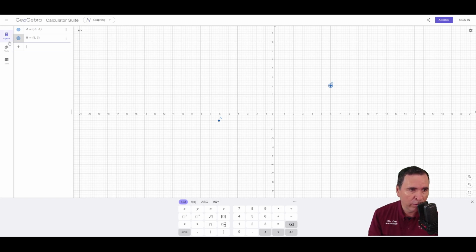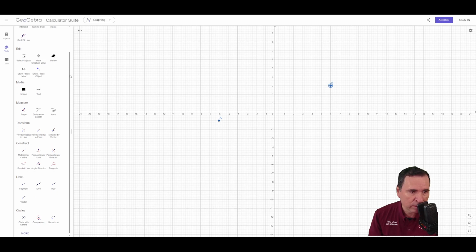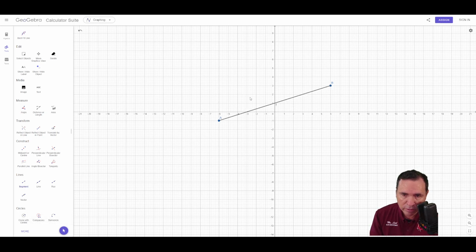All right, now what we can do is we can go to Tools, and let's build a segment, okay? So from here to there. Okay, so we're trying to figure out the distance from here to there.